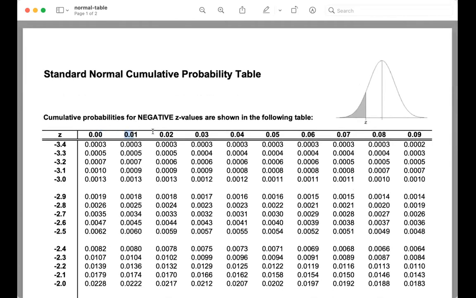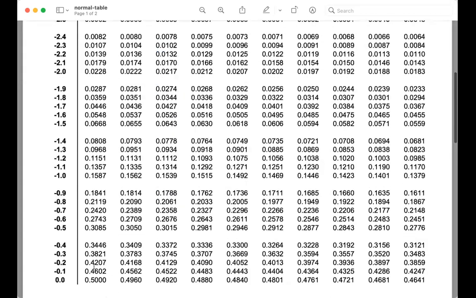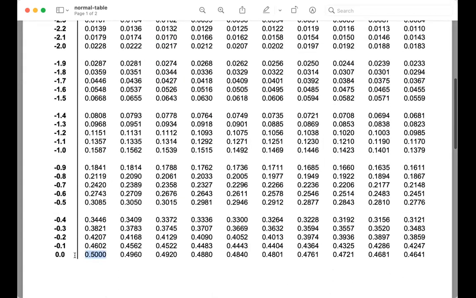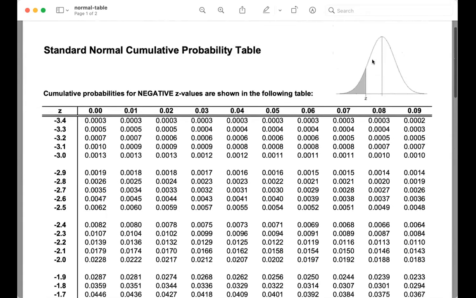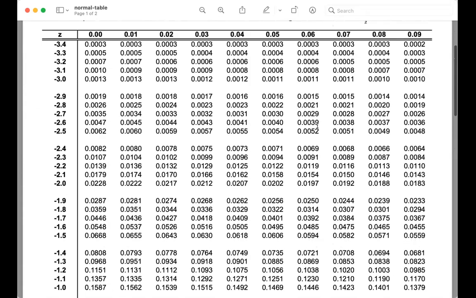We add these to these values. So the first number is, let's say, negative 2.8 plus 0.02, which gives the probability under this Z curve to the left. When Z is 0, the probability is 0.5 because half of it is on this side and half on the other side. So 0.5 plus 0.5 is 1.